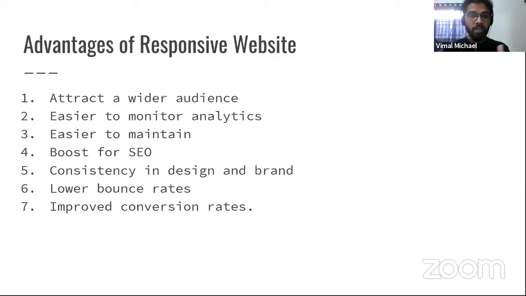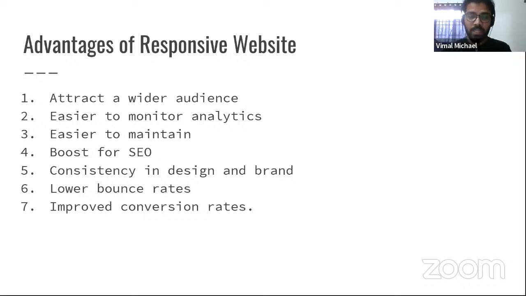Now, monitoring analytics. Yes, if you have multiple sites for multiple devices, you have to have different analytics installed for them. So multiple analytics might create a tracking issue, which might lead to a lot of complications. Now, if you have one website that can be adapted to different devices, one analytics code will be enough, which can analyze across the devices.